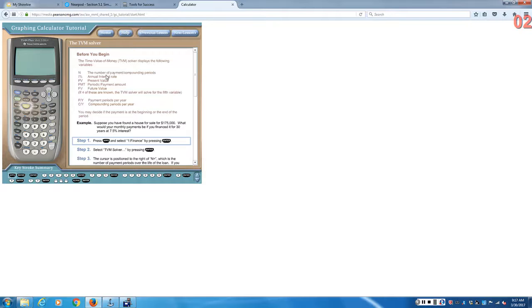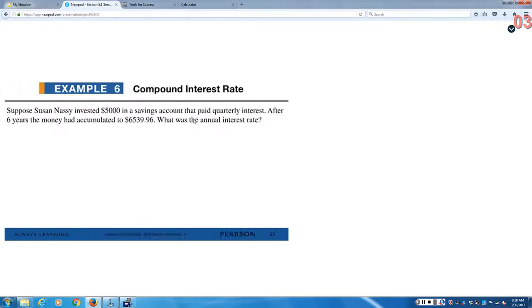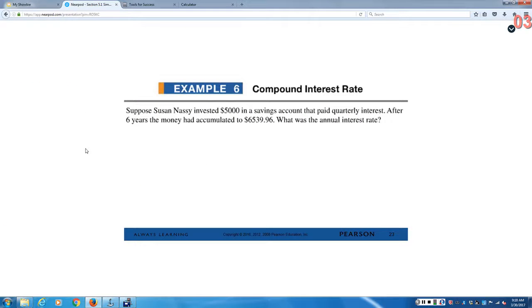So for example, if you were doing a problem, let's see, we didn't do present value last time, but we did one where it was compounded. Let's go back one on your Nearpod. So on Nearpod, we had the problem where we supposed that Susan Nassy invested $5,000 in a savings account that paid quarterly interest.